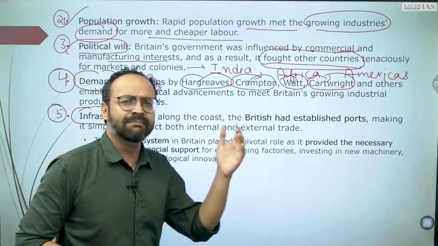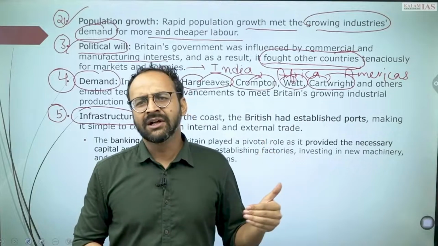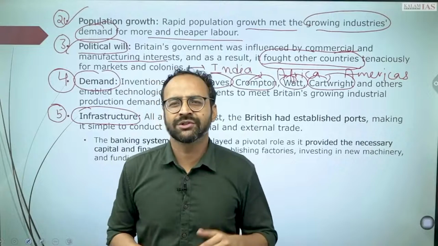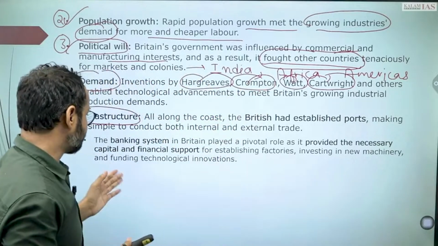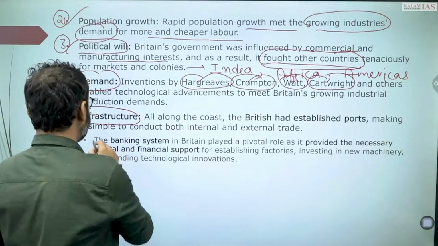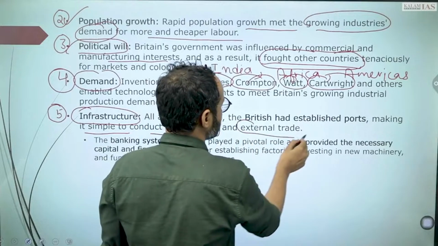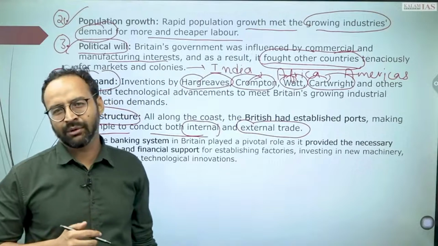Starting from Manchester to Liverpool to London, all these cities somewhere or the other were linked to major ports. And these were in Lancashire, making it simple to conduct both internal as well as external trade. In the modern world, we see ports still play a very important role.